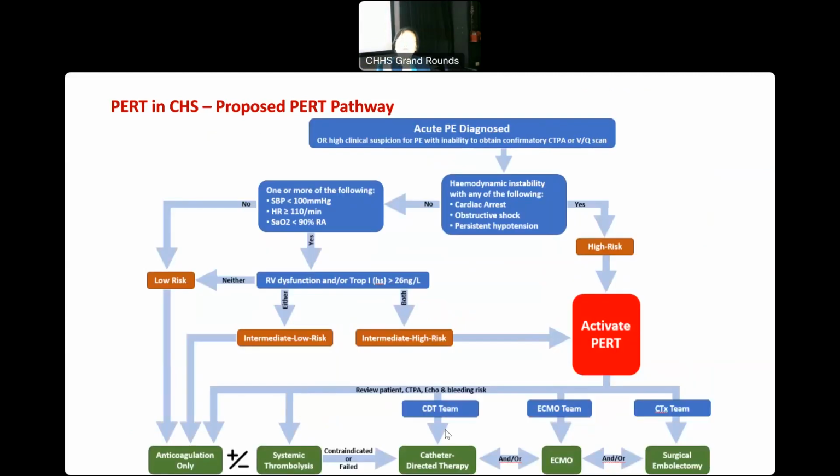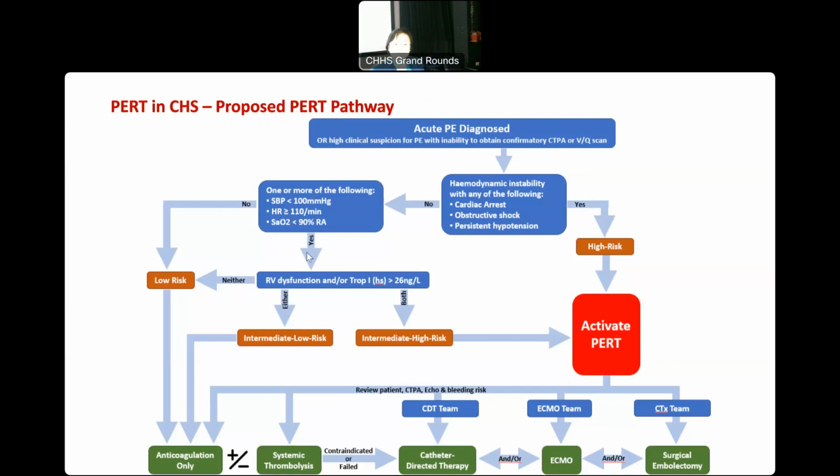So to emphasize, at the very beginning we'll talk about risk stratification. So you have a PE, or some people you actually didn't get a chance to do a CTPA, highly suspected PE. First question, is this high risk? Do you have any of the one out of the three or more, hemodynamic instability? Yes, PERT. Then decide thrombolysis or other treatment. Then you say, I don't meet high risk, but I meet one of these bad numbers.